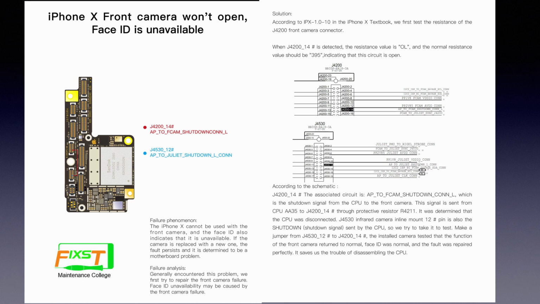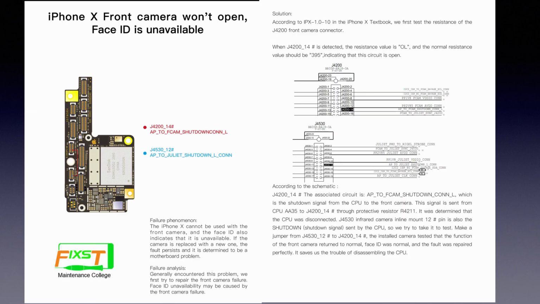It's determined that the CPU is disconnected. The J4530 IR camera connector 12 pin is also the shutdown signal sent by the CPU. So we try to test it: make a jumper from J4530 12 pin to J4200 14 pin, and install and test again.